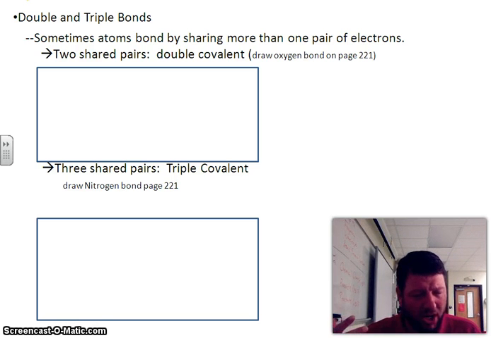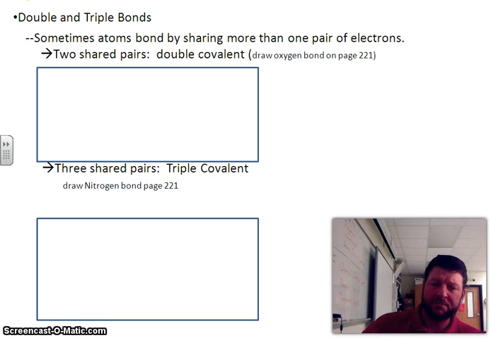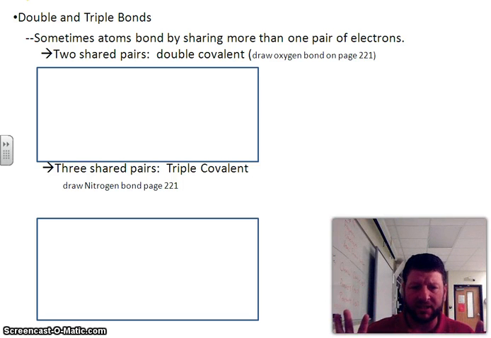So we draw a third pair. A third electron is shared from each nitrogen, and that will mean nitrogen has 5 valence electrons. The other nitrogen will have 5 valence electrons. They will share 3 each, and that will be a triple bond shown by 3 dashes. So a single bond is shown by a single dash, a double bond is shown by 2 dashes, and a triple bond is shown by 3 dashes.